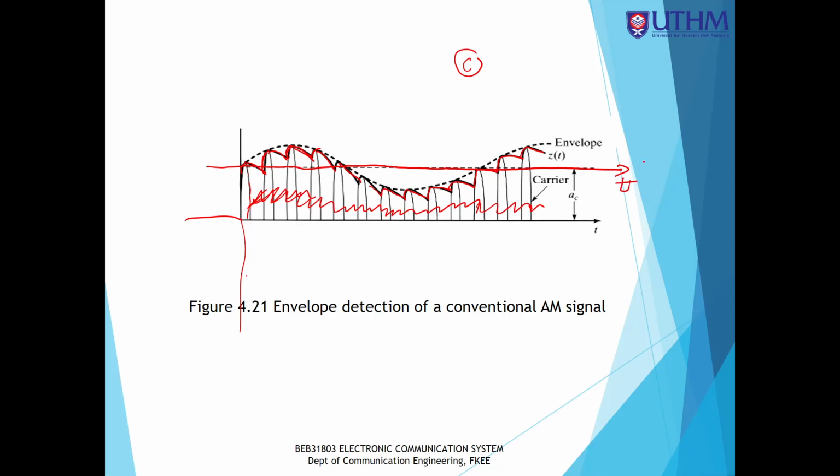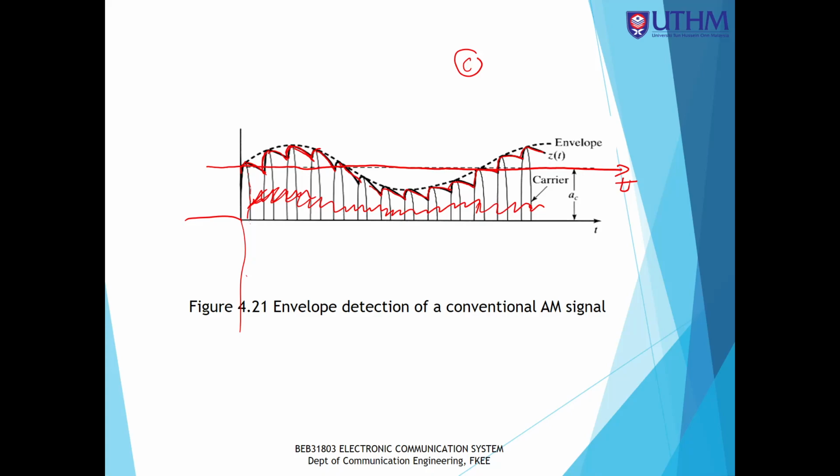That means that the DC voltage has been removed by the capacitor C2. So the wave is centered at the x-axis. Okay, so gelombang itu jatuh pada x-axis kerana DC voltage itu telah dikeluarkan, telah diasingkan oleh C2.